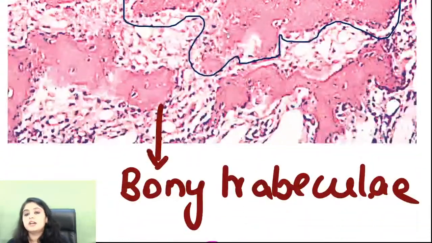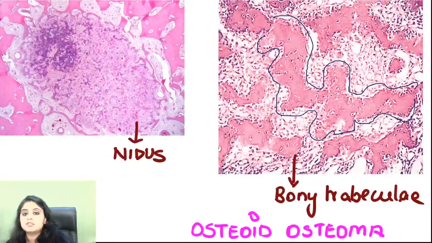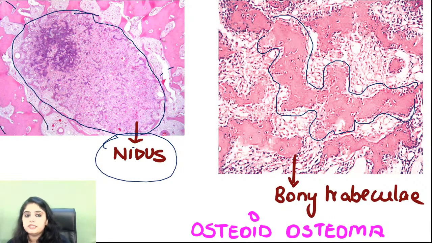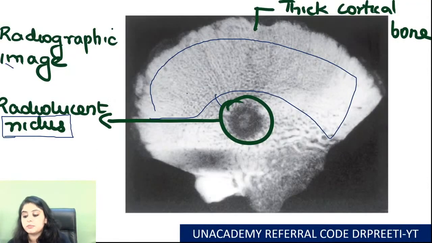These are seen in both osteoid osteoma and osteoblastoma, whereas the center is made up of mineralized tissue, woven bone. This center is the nidus, and surrounding the nidus you have these pinkish bony trabeculae which are laying down. So you very well have to know the radiographic appearance, then you talk about the histopath.